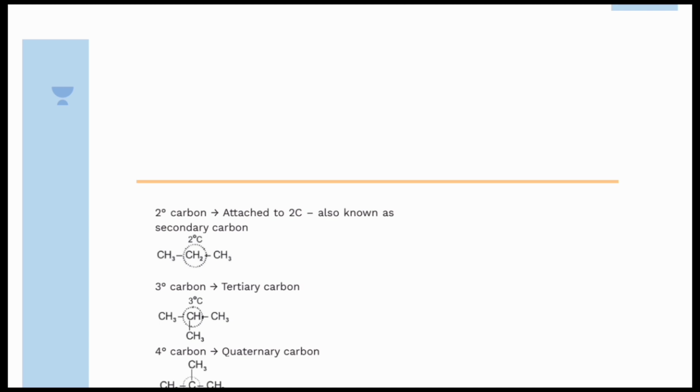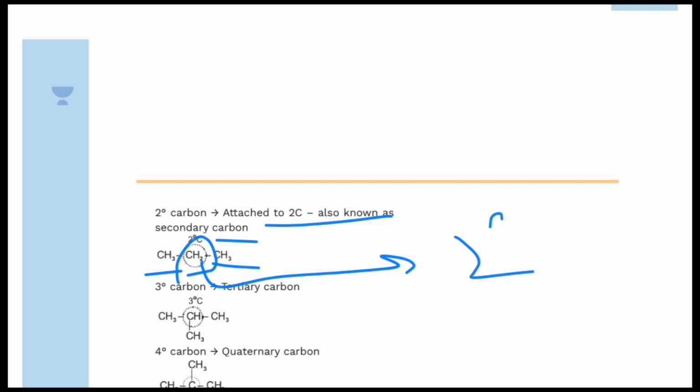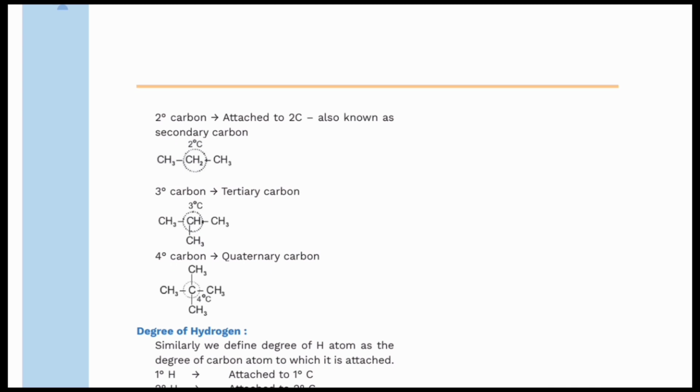If a carbon atom is attached directly with two carbon atoms, you can see here CH2, this carbon atom is secondary, attached with two carbon atoms, and this is the tertiary one attached with 3 carbon atoms, and this is the quaternary one attached with 4 carbon atoms.